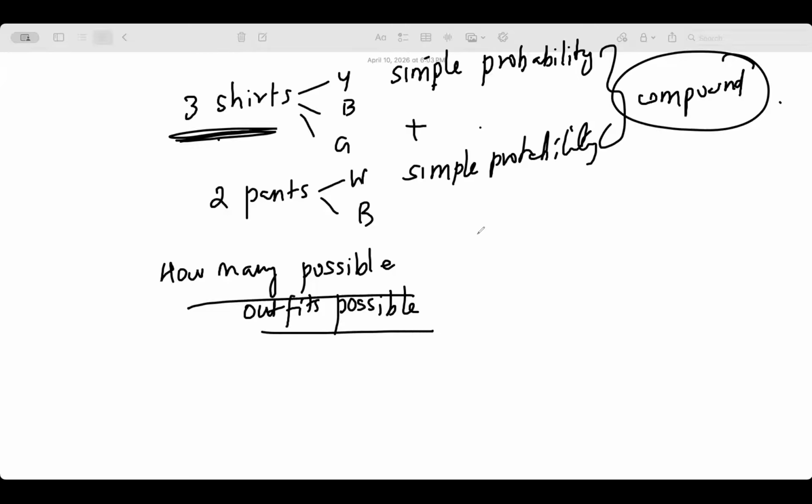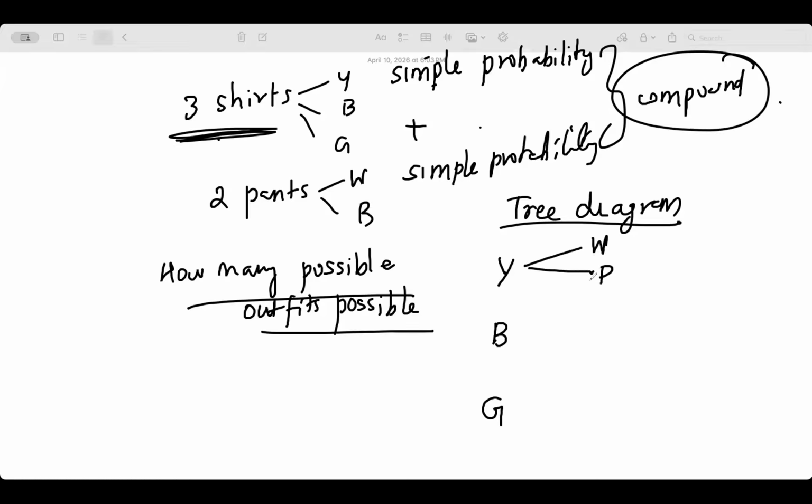To find the sample space of a compound probability, I'll go ahead with a tree diagram. A tree diagram is the best way to understand the picture. First I'll go with the shirt selection: yellow, blue, green. After selecting the yellow shirt, I can combine with a white and blue pant.